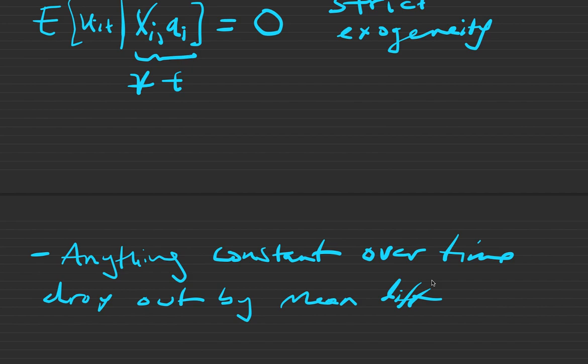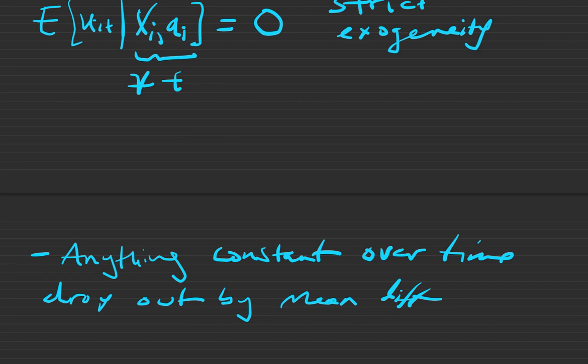Because ai is constant over time, there are different ways of removing that constant, but that also removes all constants over time. So it removes any variables we want to include in our equation that are constant over time, such as race or gender, and so on.